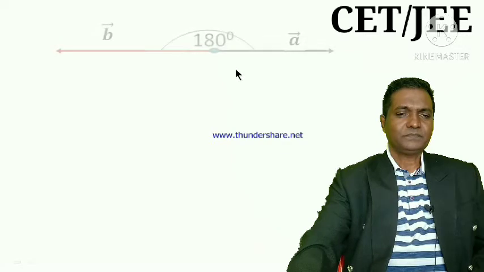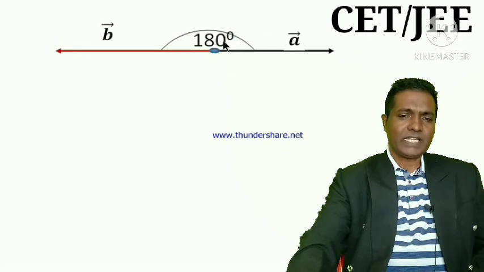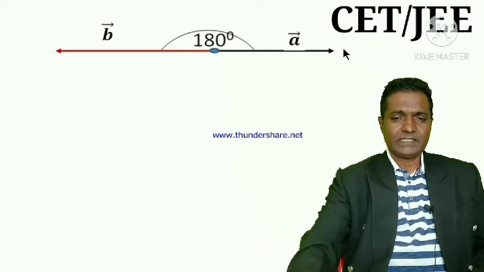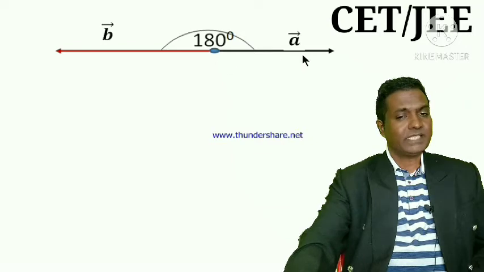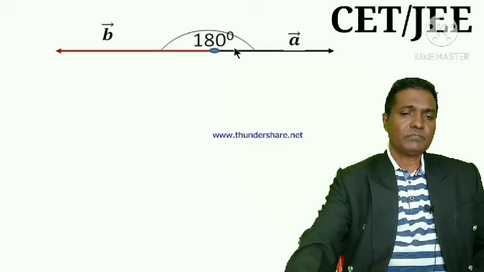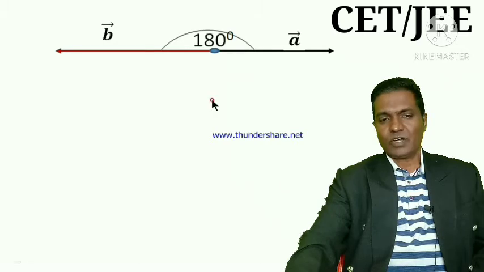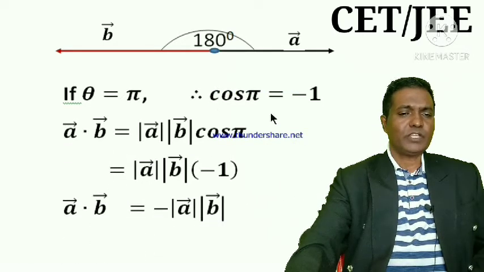Now look here. If the angle between them is 180 degrees, means vector A is along this direction and vector B is along this direction, means they will have exactly opposite directions. So the direction is opposite and the angle between them is 180 degrees. What will be their dot product? As we all know, whenever theta is pi, cos of pi, cos 180 degrees, is minus 1.